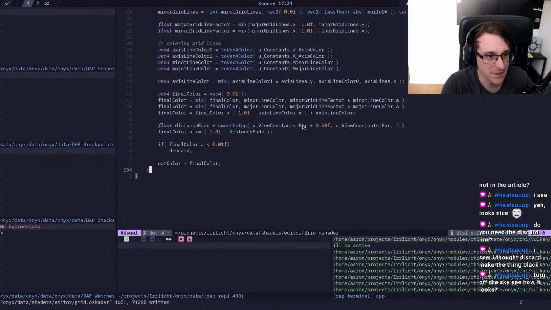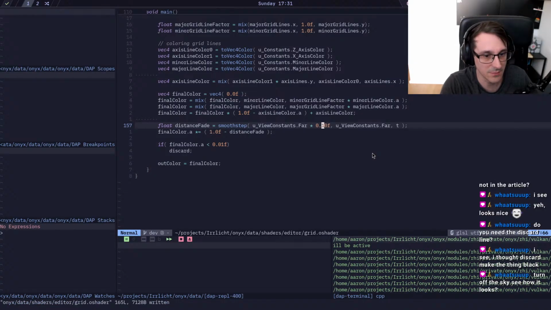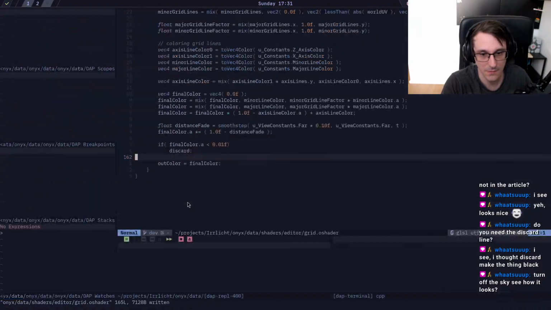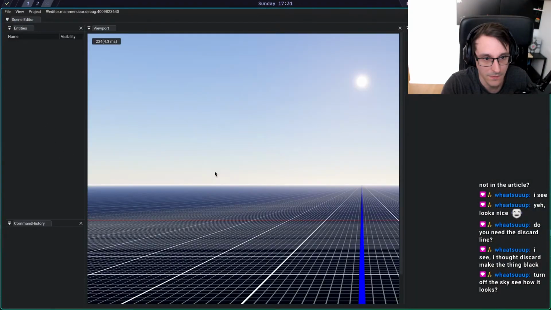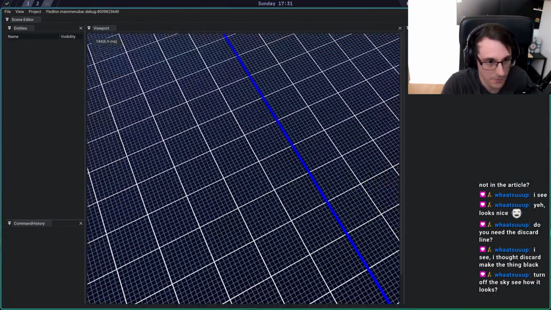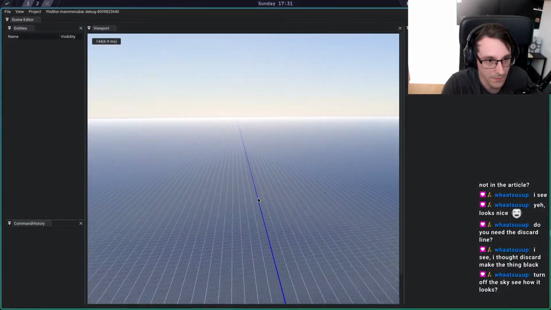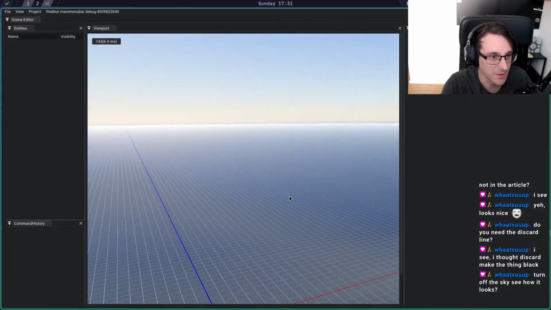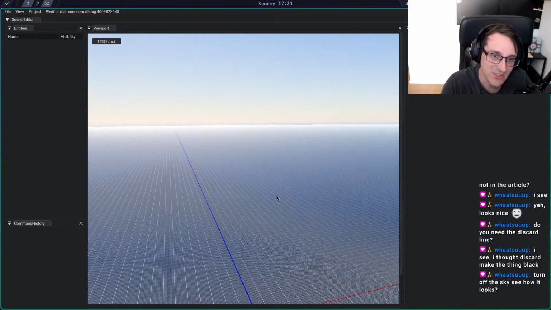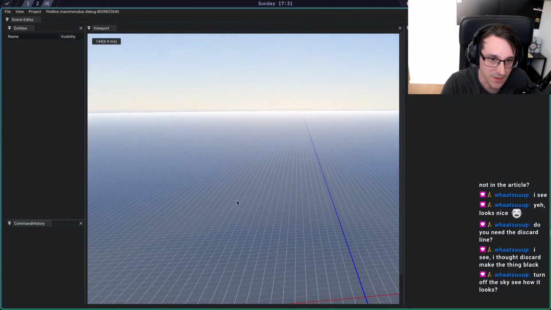That pushed it. Let's see. What if the 10% of the far distance? I mean, maybe it's the edge of the grid that is doing that, I think.